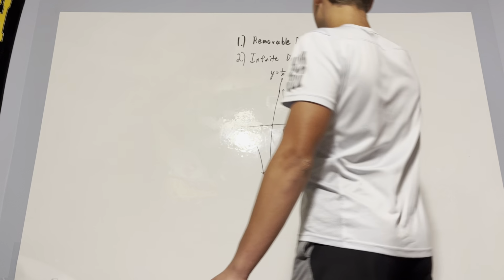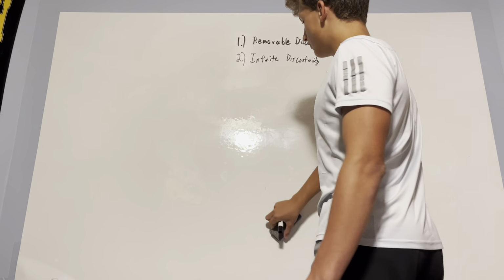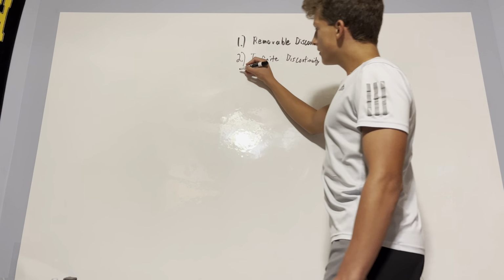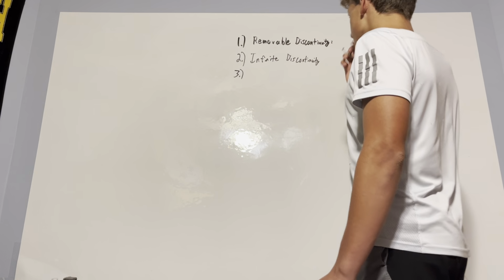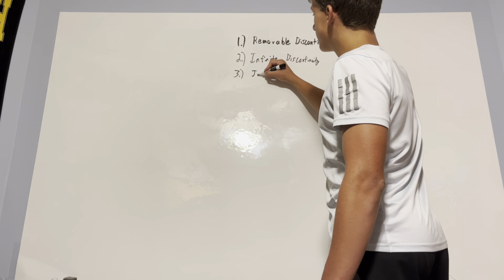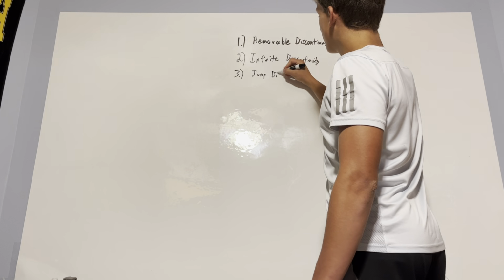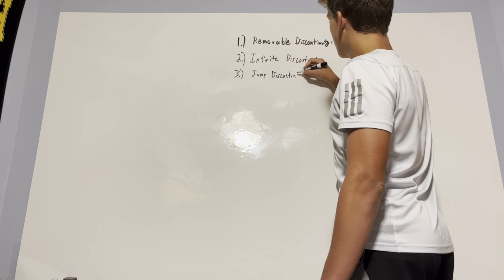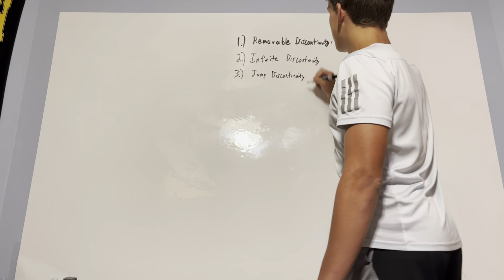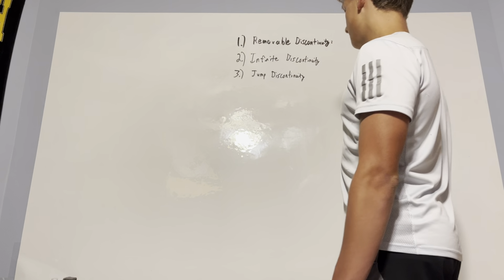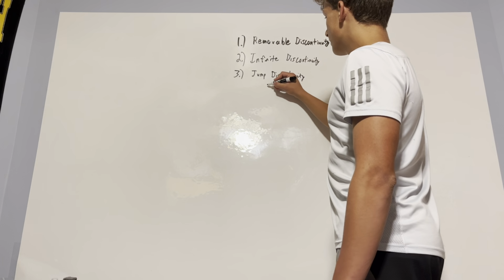Now something similar to that is called a jump discontinuity. It's essentially the same as an infinite discontinuity. However, a jump discontinuity is over a finite region. So let's say we have a piecewise function.